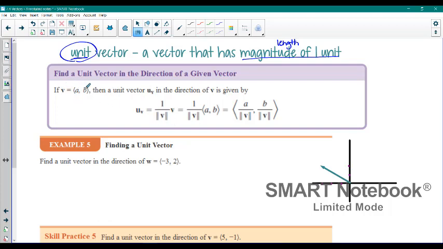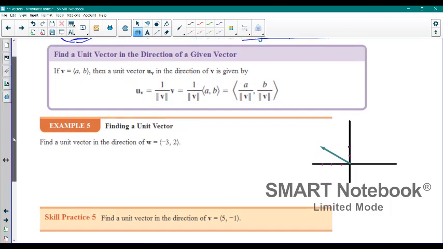If vector V is the vector AB, so this implies that it is in standard position and that this is its terminal point, then a unit vector U sub V in the direction of V is given by unit vector V is equal to 1 over the magnitude of vector V times vector V. You can express that in component form there and then multiply it out.